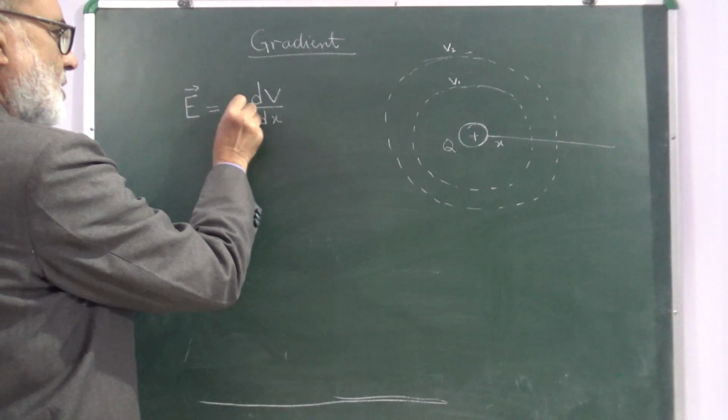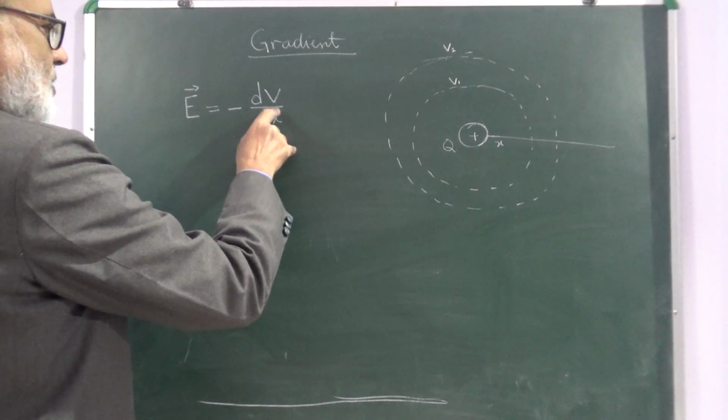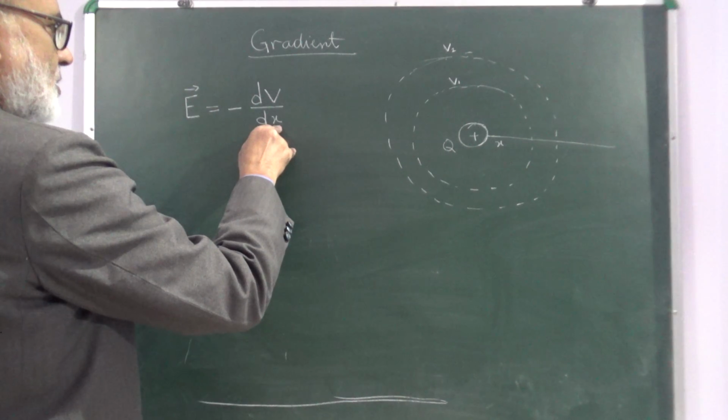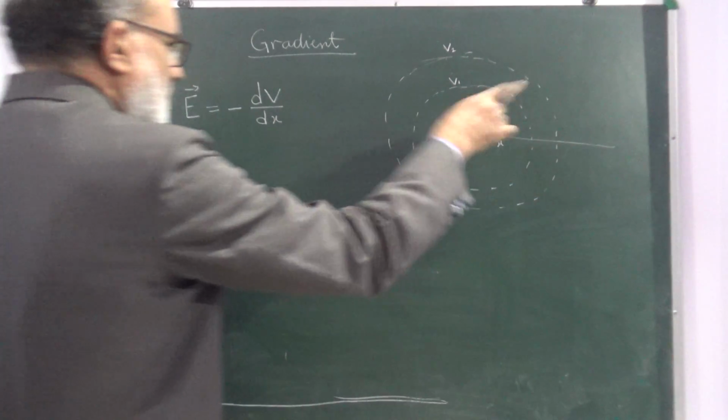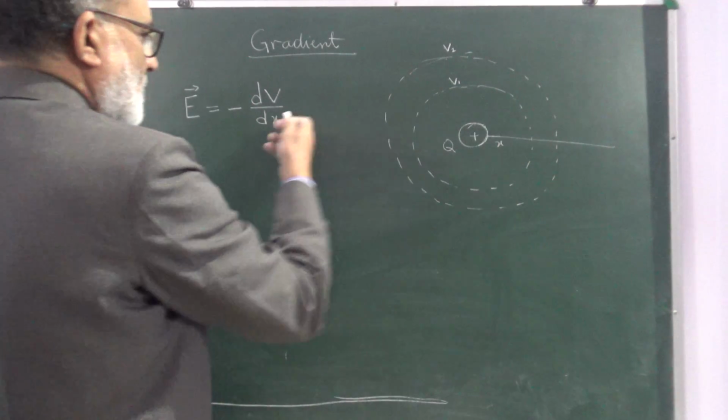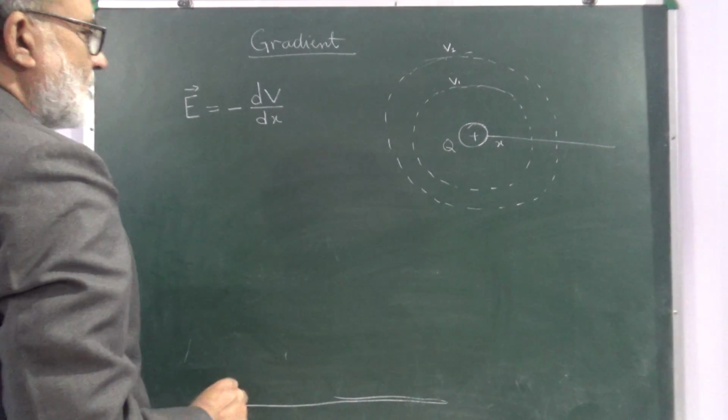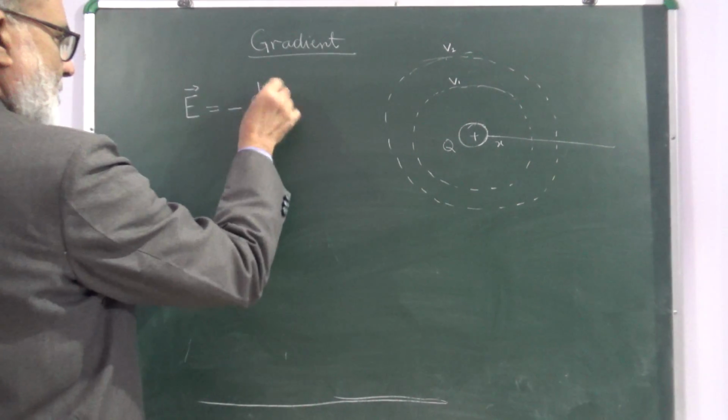The minus sign here symbolizes that as dx increases, this value decreases. As you go away, the potential decreases; as you come closer, it increases. So this is the x component.